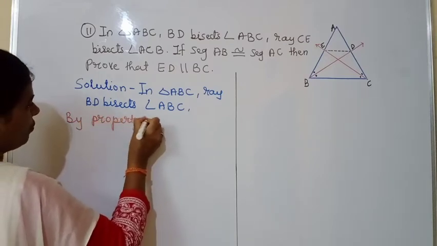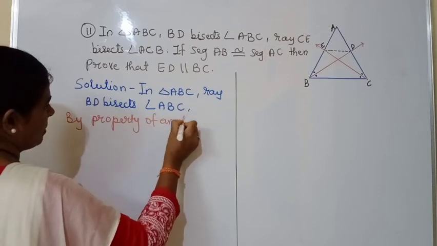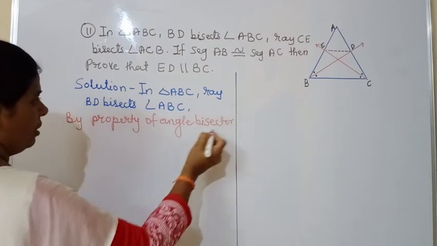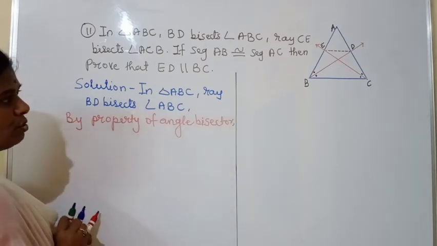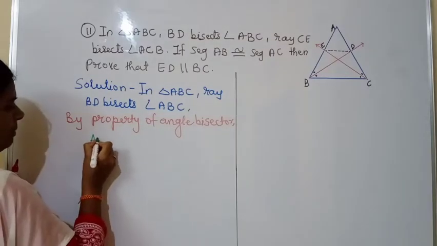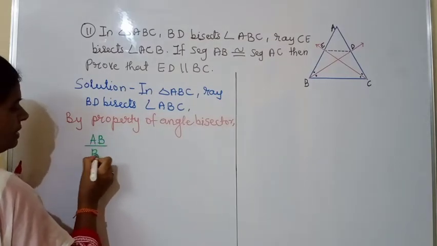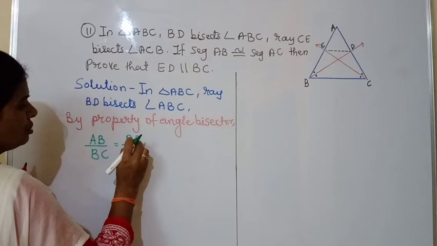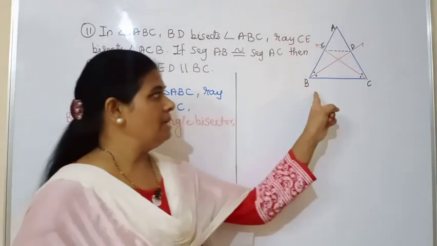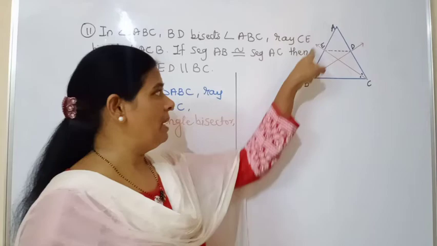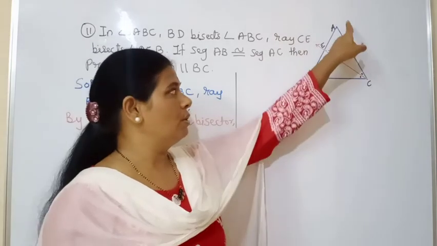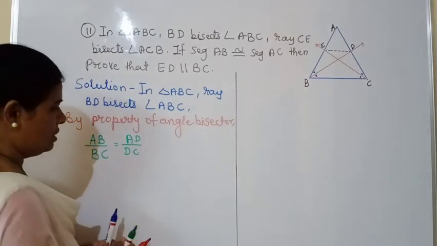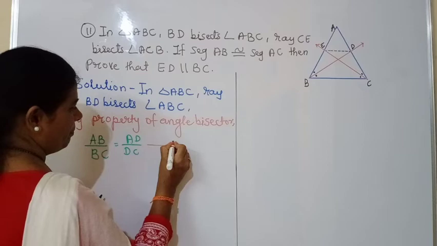By using this property now, we will write the ratio. What will be the ratio now? BD is the bisector, so our ratio will be AB upon BC is equal to AD upon DC. So this will be our ratio, and we will number this ratio as number 1.